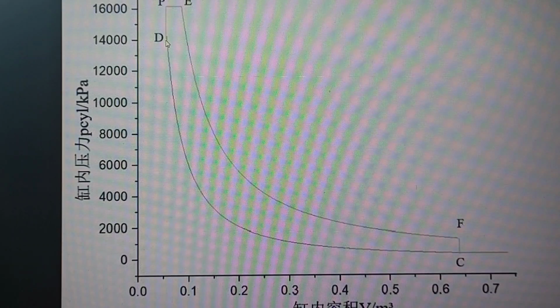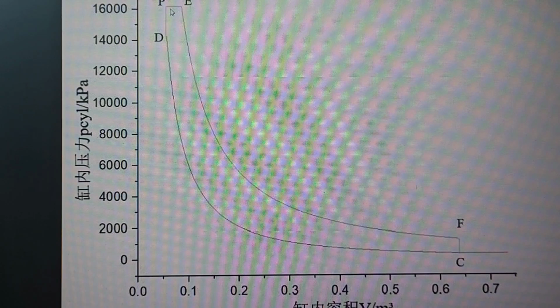At this point, the fuel is injected and the pressure will increase to this point P. After P is reached, the piston is at the top dead center, and then the piston will move downwards.